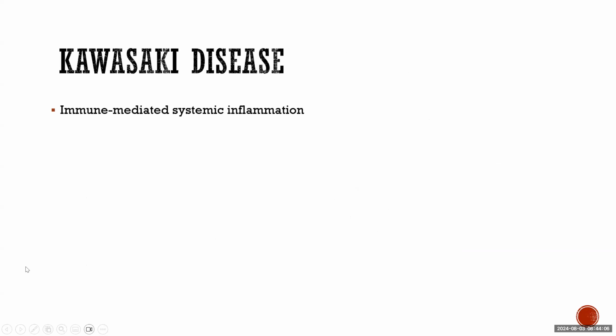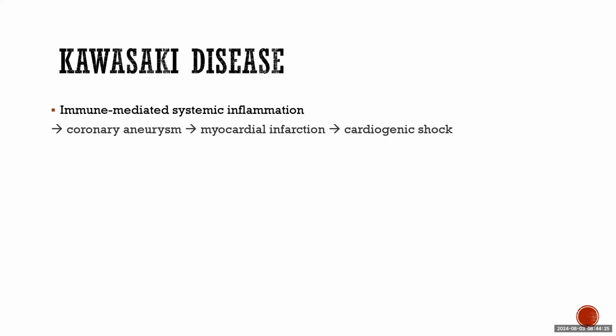All right, Kawasaki disease is another one that we always screen for in children who have prolonged fever. The definition is any child that has fever for more than 5 days. It is an immune-mediated systemic inflammation.